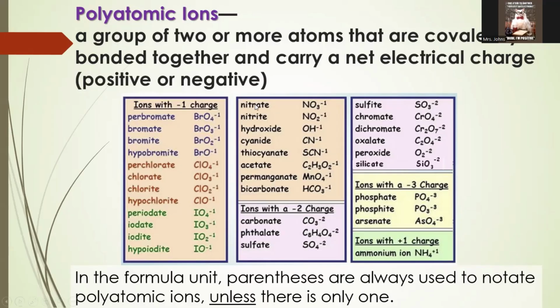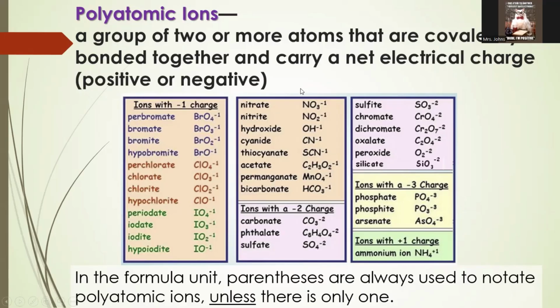So first of all, polyatomic ions are just like what the name suggests. It's more than one atom that has a charge. So it's a group of two or more atoms that are covalently bonded together, and they carry a net electric charge, either positive or negative.